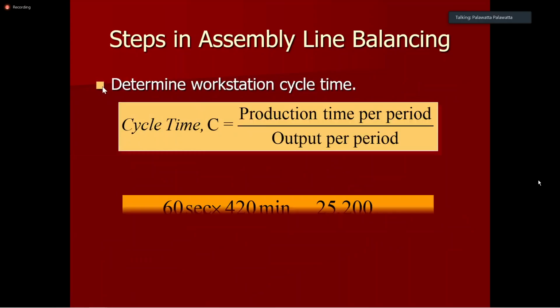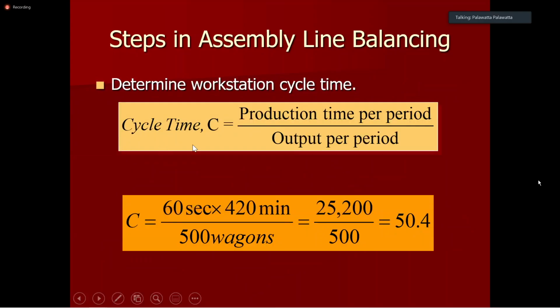And then we need to determine the workstation cycle time. Cycle time C equals production time per period divided by output per period. In the day you have 420 minutes, that is 7 hours, multiplied by 60 seconds, so you get 25,200 seconds, and the demand of the day is 500 wagons.